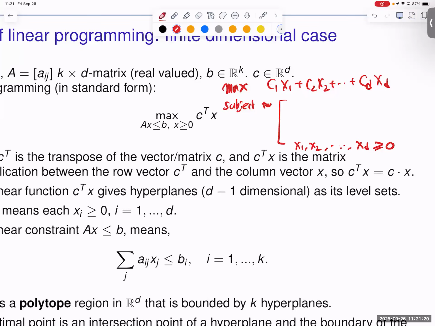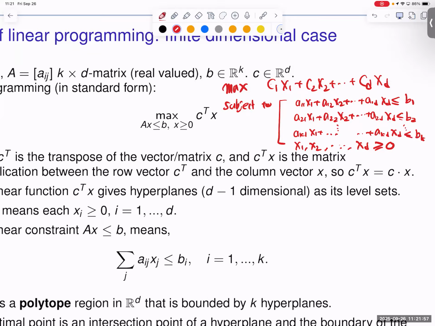Also, you have other constraints like a11 x1 plus a12 x2 plus ... plus a1d xd is less than or equal to b1, a21 x1 plus a22 x2 plus ... plus a2d xd is less than or equal to b2, and so on. So we have k such constraints: ak1 x1 plus ... plus akd xd is less than or equal to bk.